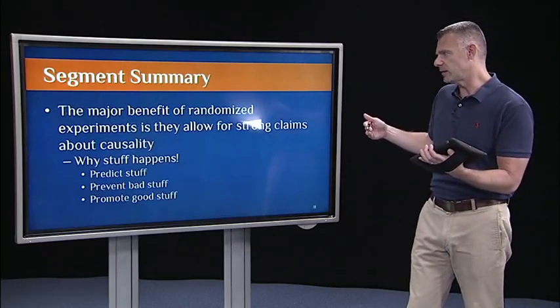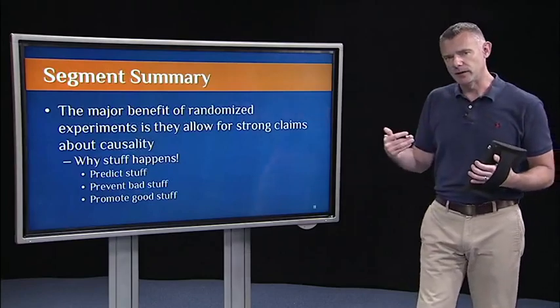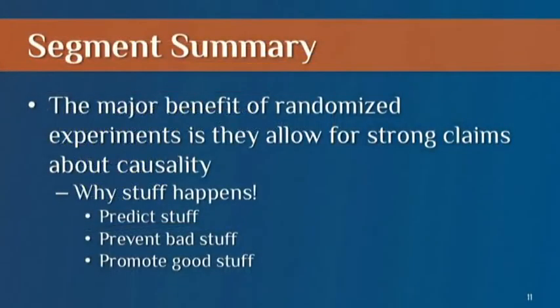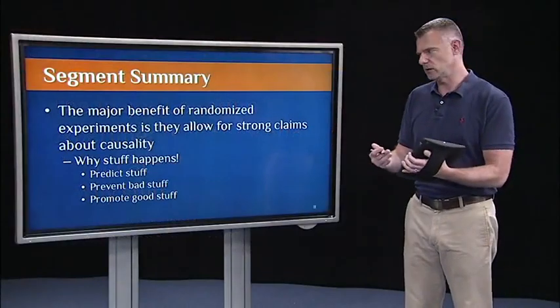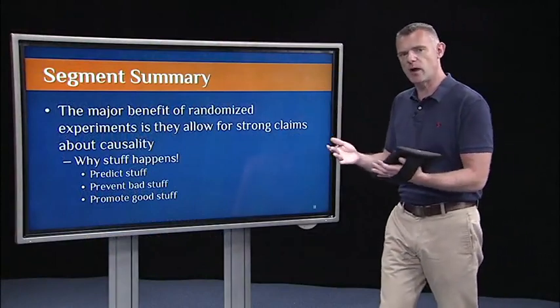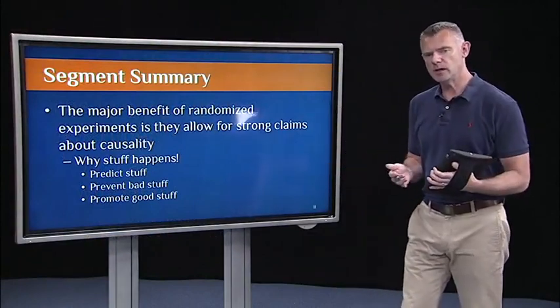So to summarize this segment, the major benefit of experimental research is they allow for strong claims about causality. So why does stuff happen? So why was the polio vaccine happening? Well, there was this disease that was spreading through communities.